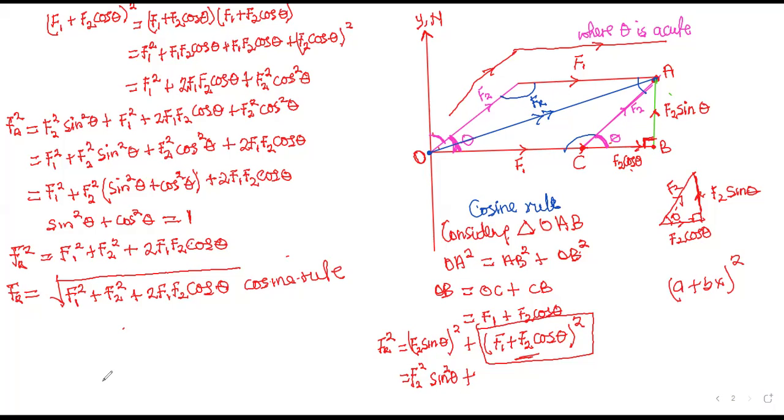Concerning the direction, we are looking for the angle the resultant makes with the east, which is this angle. Let's call this angle alpha. Class, alpha and theta, which one is larger?